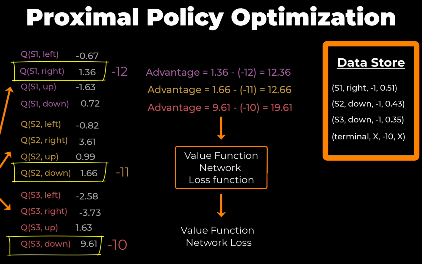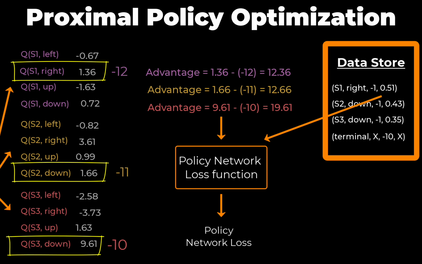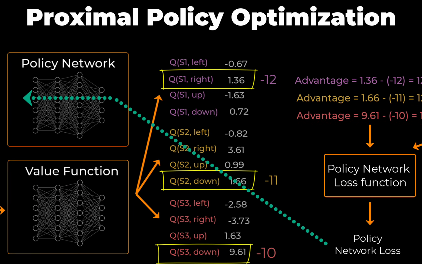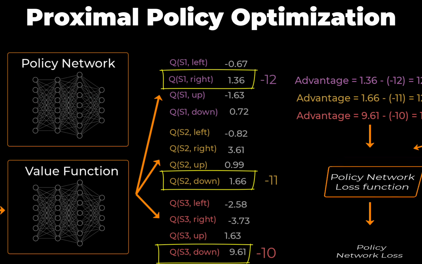We then use the same advantage and probabilities that we stored previously to determine the loss for the policy network. The loss is backpropagated through the policy network, so its parameters are updated. And then we repeat this process for all batches of data.